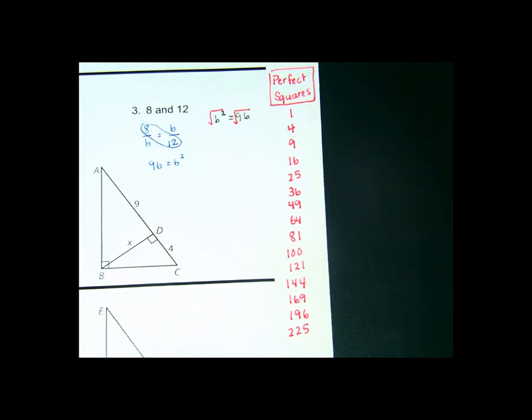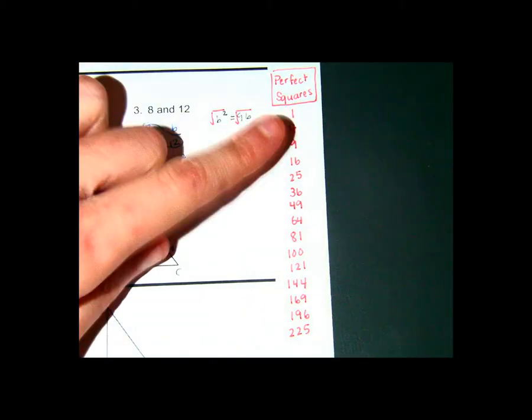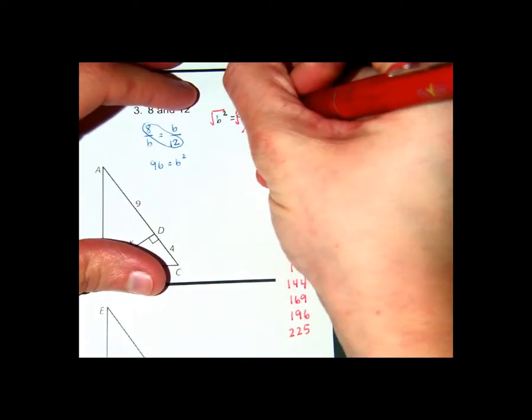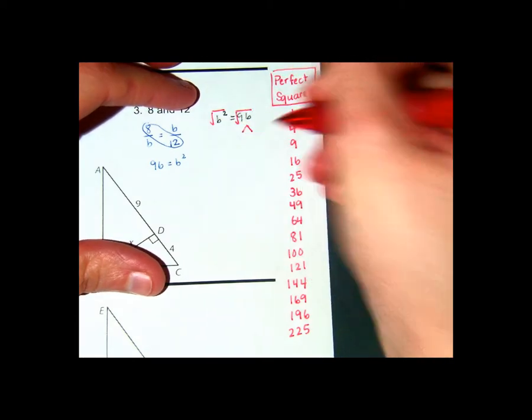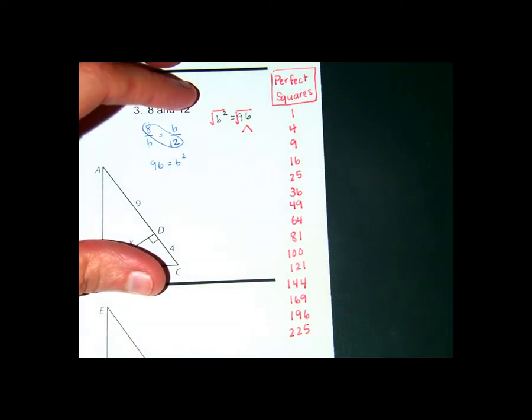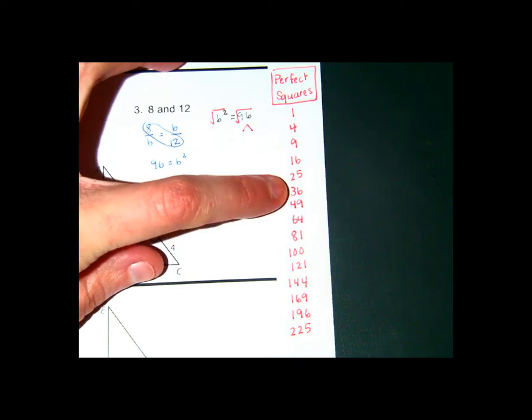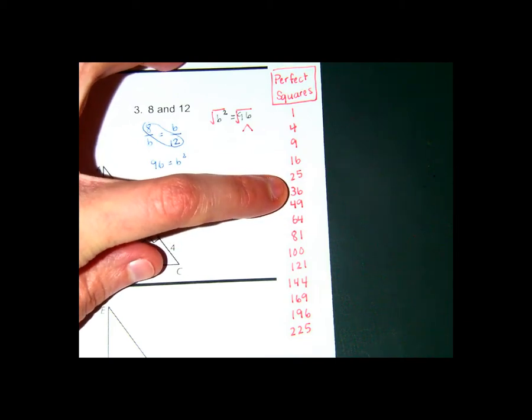Now, does anybody remember what we did once we got a number and we had perfect squares? See what divides into it. We want the largest perfect square that divides into 96. I would start at about half. What's about half of 96? Okay. 36. Does 96 divided by 36 give you a whole number?